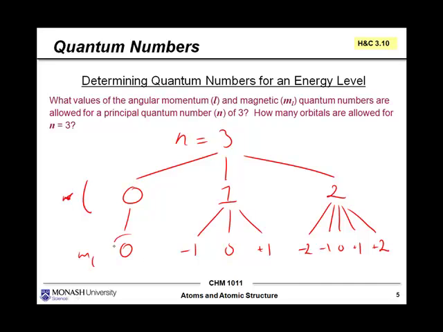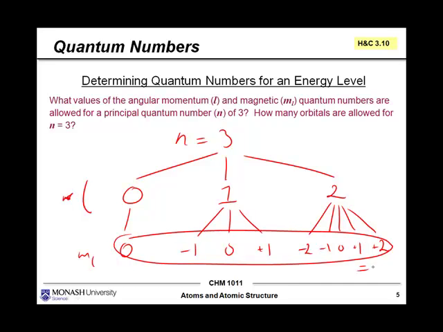If you count these up, in total, you find that there are 9 altogether. 9, of course, is 3 squared. Notice that 3 is the number that we started with. So to answer the question, how many orbitals are allowed for n equals 3, the total number of orbitals is going to be 3 squared.